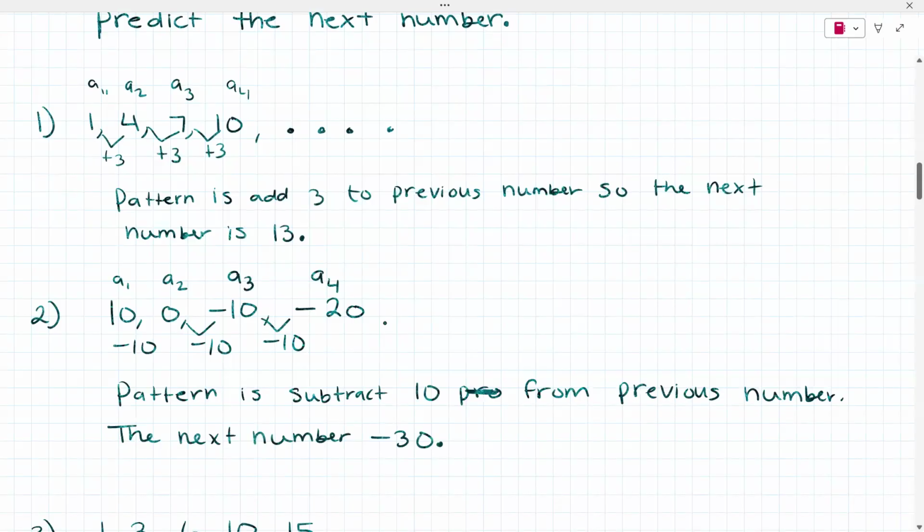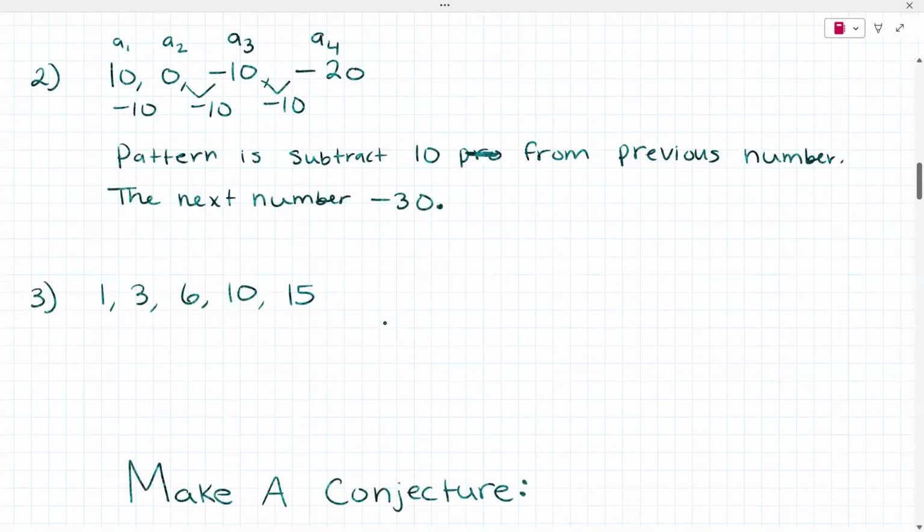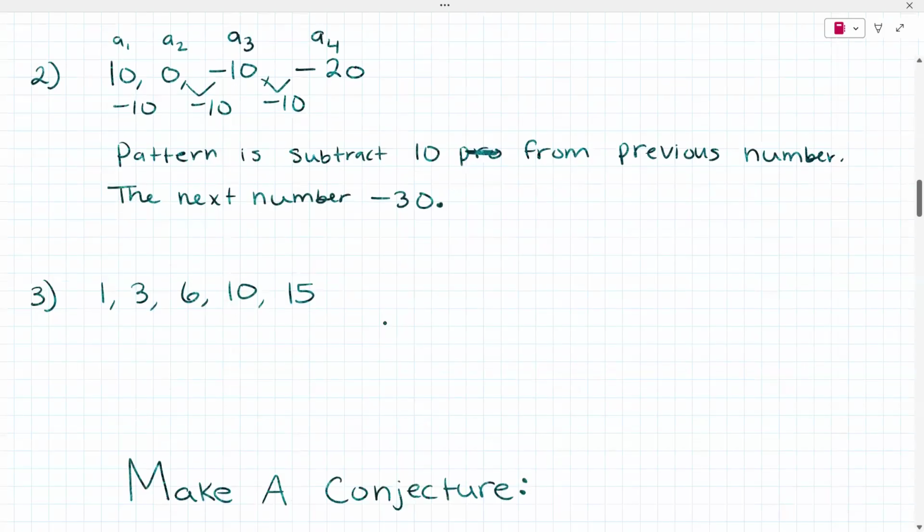Okay, let's move on. What about 1, 3, 6, 10, and 15? So this is my first term, second term, third term, fourth term, and fifth term.